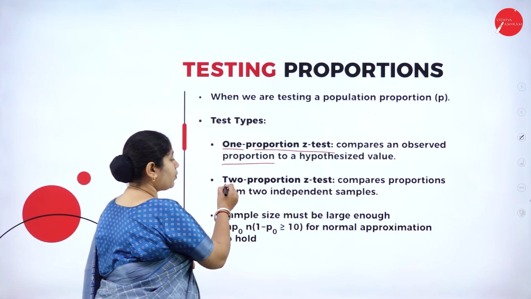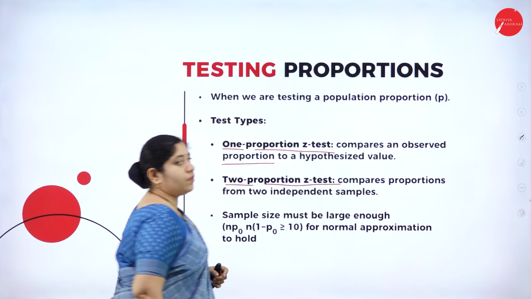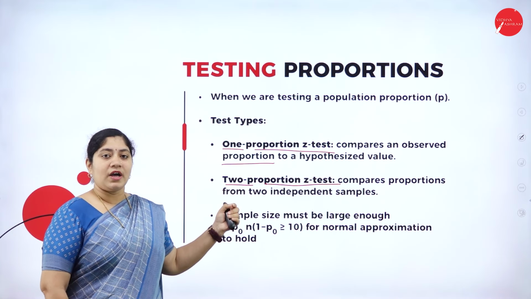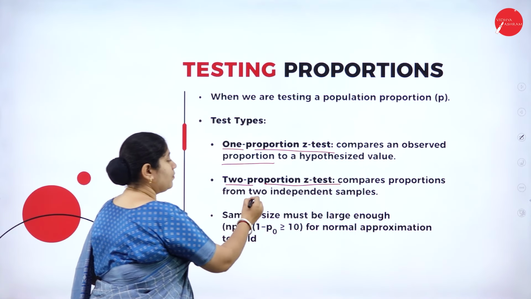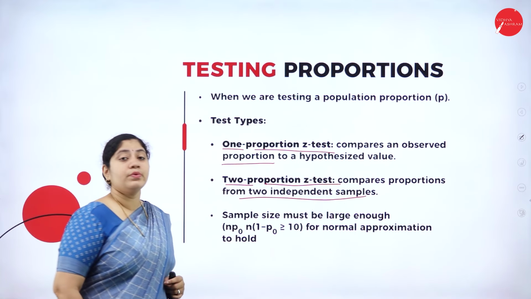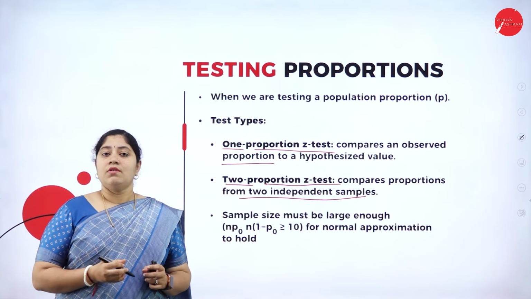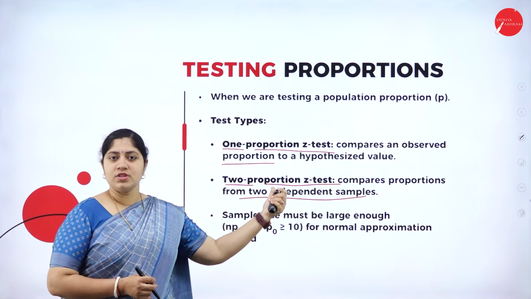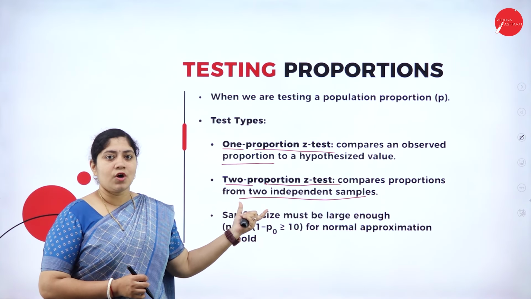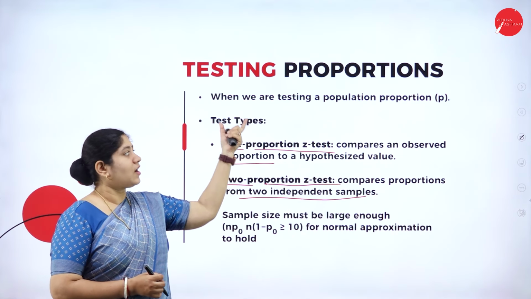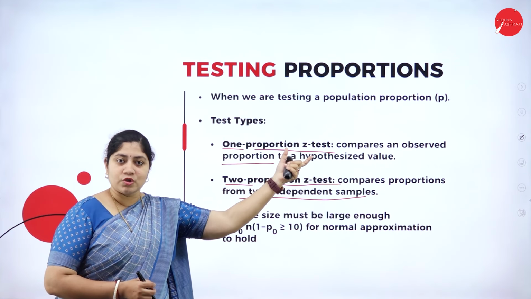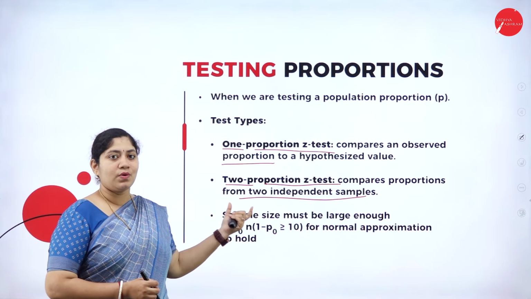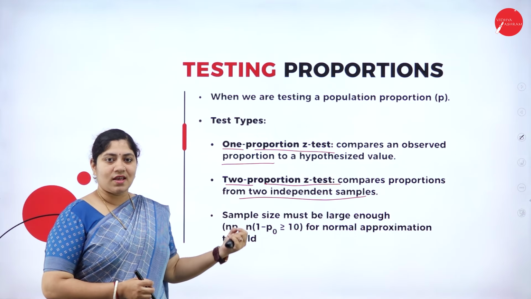Second one, the two proportion Z test, is used to compare the proportions of two independent samples. Whenever there are two independent samples, we can go with the two proportion Z test in order to calculate our population proportions, that is lowercase p. And whenever we go forward, we have to consider samples, right?